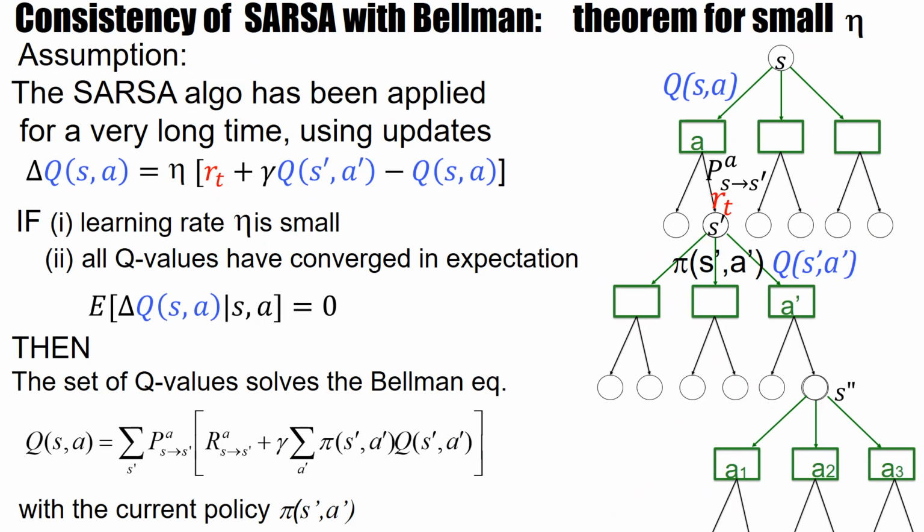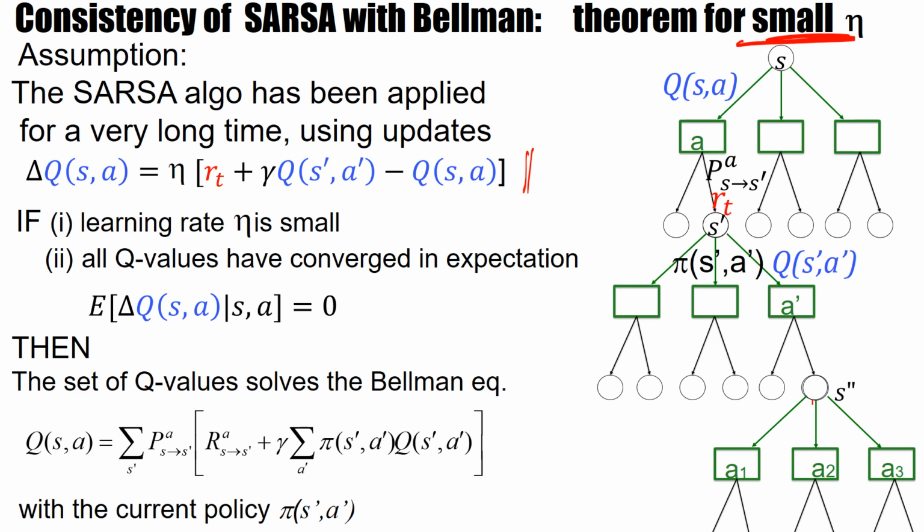So it looks like it's flowing back slowly, but nevertheless there's a theorem which is valid for small eta, small learning rate. Suppose the SARSA algorithm has been applied for a very long time, using updates of the normal SARSA update rule.